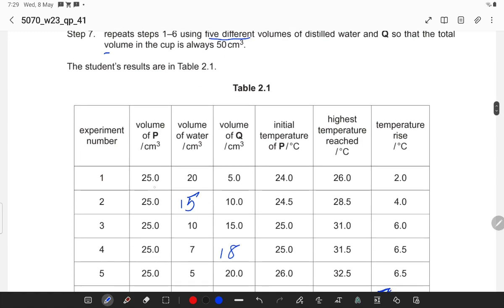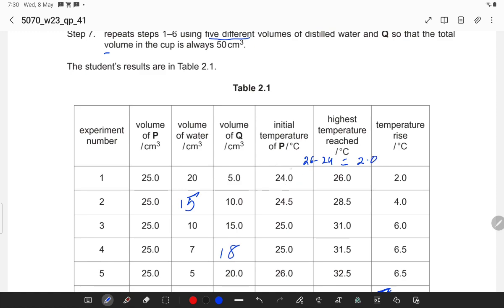Volume of P is 25 cm³, volume of water is 20, and volume of Q is 5 cm³. The initial temperature is 24 degrees centigrade, and the highest temperature reached is 26 degrees centigrade. So how to calculate the rise in temperature: 26 minus 24 is equal to 2.